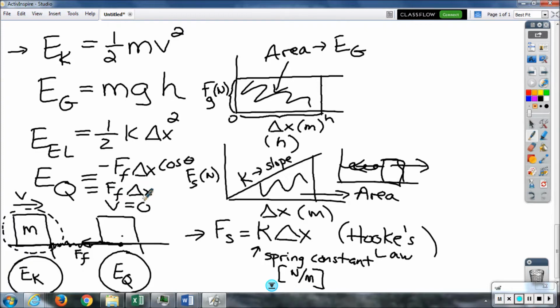So if you plug in the value of friction and you knew how much energy you started with, which would have been in the form of kinetic, so you would have had kinetic energy that converted into EQ, then by dividing both sides by friction I could figure out how far the object would go before it comes to a stop.